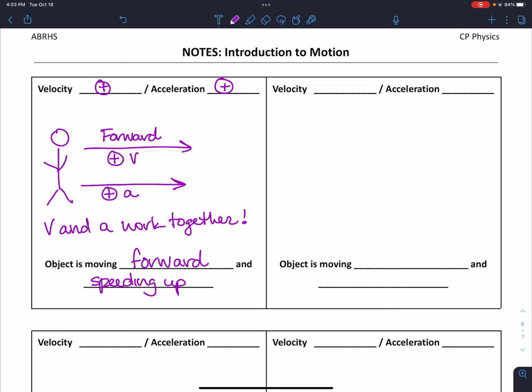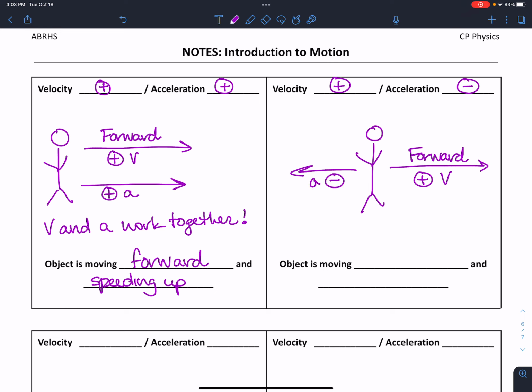What about if we have a positive velocity but a negative acceleration? This time we have our friend. He is moving forward, and I know that he's moving forward because the velocity value is positive. But his acceleration is happening in a negative direction. So what does that look like?